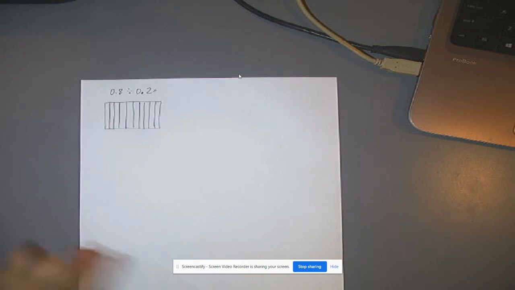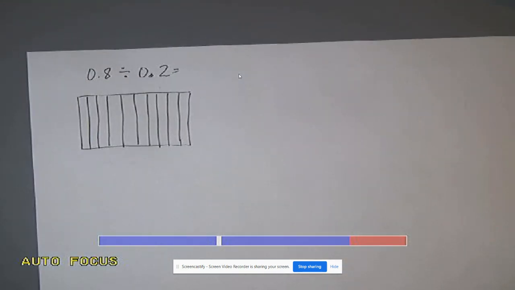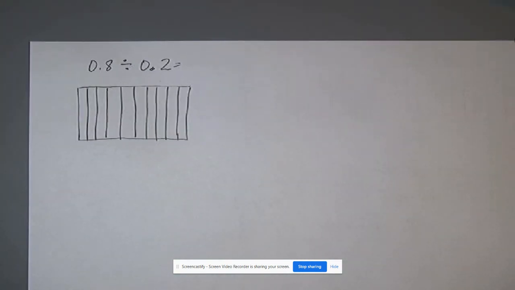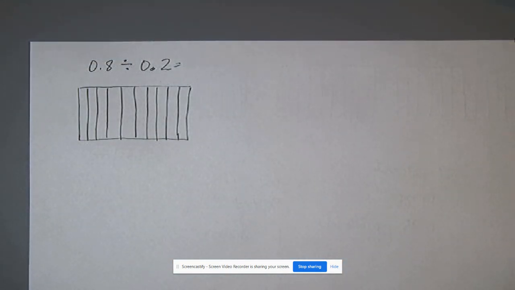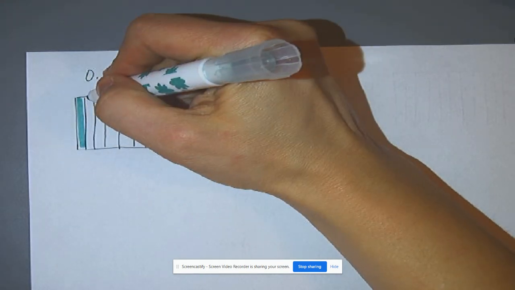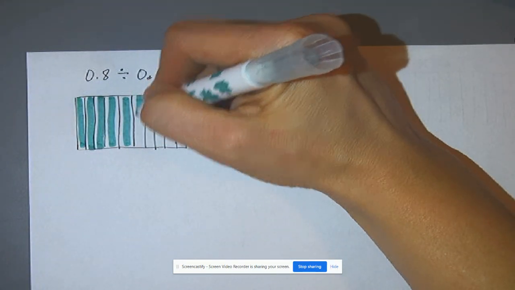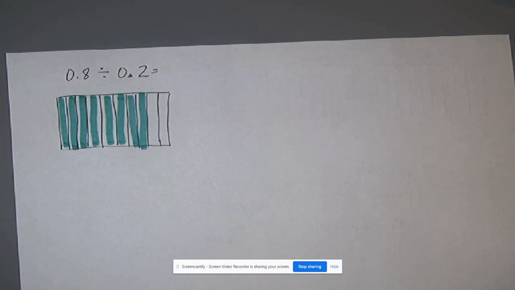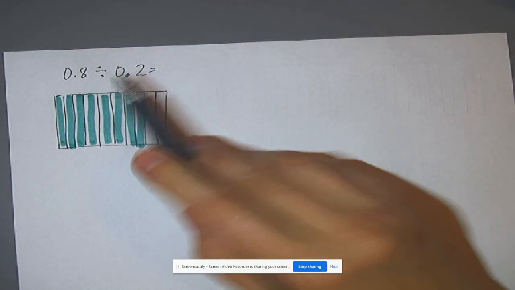Okay, remember when we did this in our math tasks? We have 8/10 being divided by 2/10. So we first represent 8/10: 1/10, 2/10, 3/10, 4/10, 5/10, 6/10, 7/10, 8/10. Our group that we're dividing is 8/10, and we want to put it into groups of 2/10.